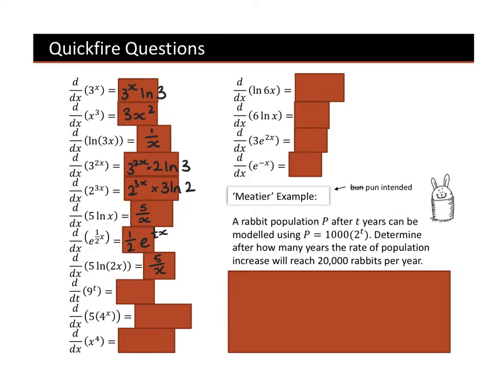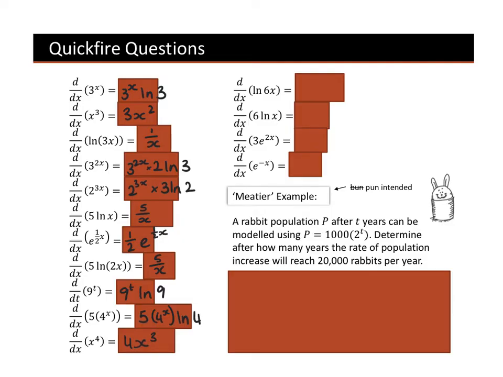9 to the power of t, this becomes 9 to the t multiplied by ln of the base, which is 9. 5 multiplied by 4 to the power of x. So when it's a multiple, you can even take the multiple out and do it at the end. So we're going to have 5 multiplied by 4 to the power of x, multiplied by ln of the base, which is 4. x to the power of 4, 4x cubed.